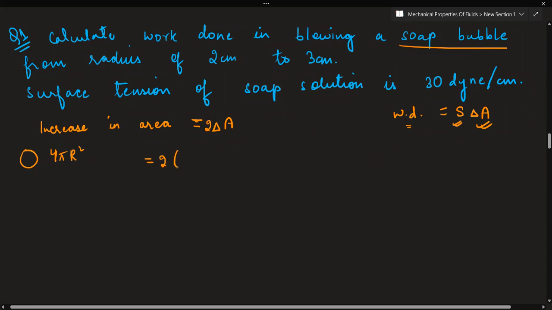So 2 times, if this is R1, 2 centimeter, and R2 is the final radius, that is 3 centimeter. Okay, Aisha, you tell me, if 4 pi r square is the surface area of a sphere, what should be the final surface area of this particular soap bubble?